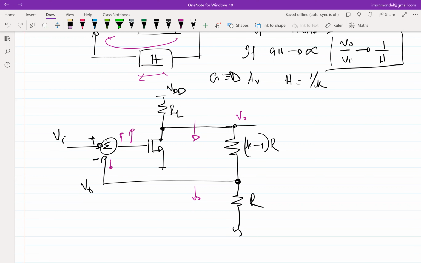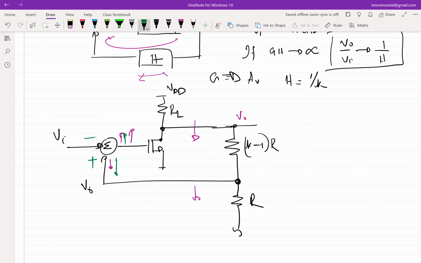Okay. So if this decreases, you have negation here, there will be a sign change. Yes, this will go up. The other way to fix this problem is simply to change the connection.